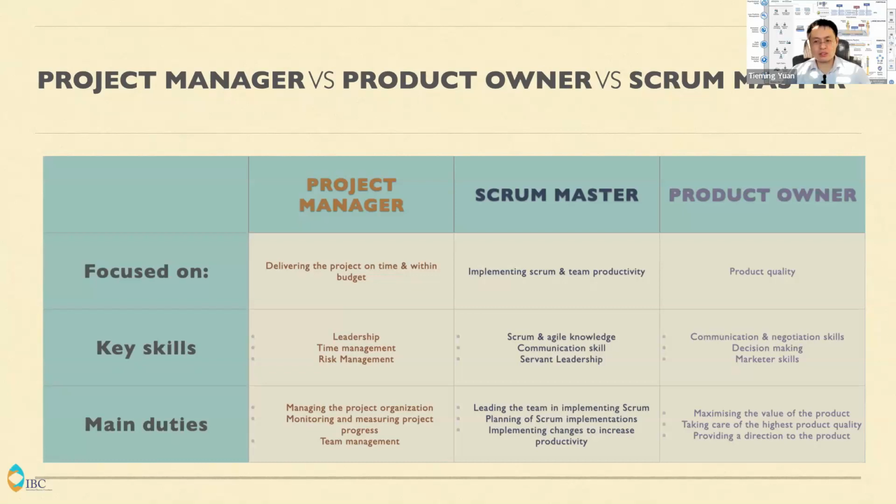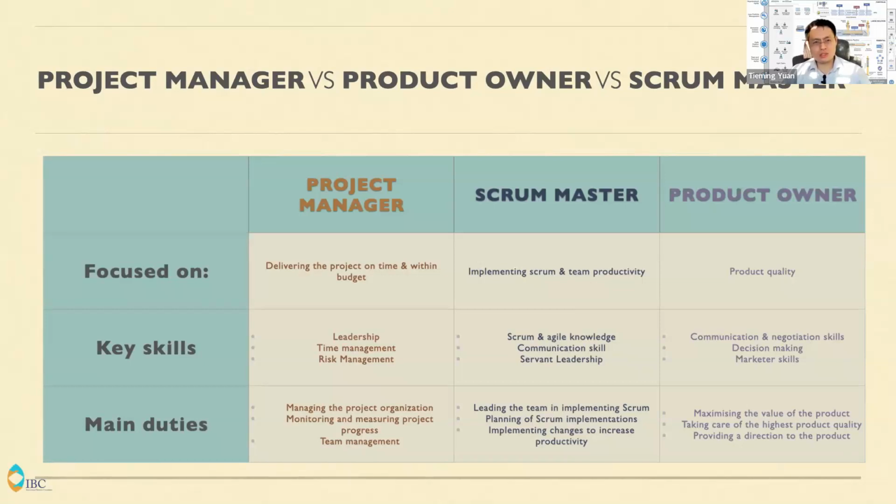And lastly, the product owner ensures product quality. He or she is the stand-in customer, so ensures that the product will be of use to the final customer and of quality. Communication and negotiation skills are needed to communicate with the stakeholders and end users, and maybe negotiate with the development team, for example, to ensure that certain features are done first, or to prioritize certain features.